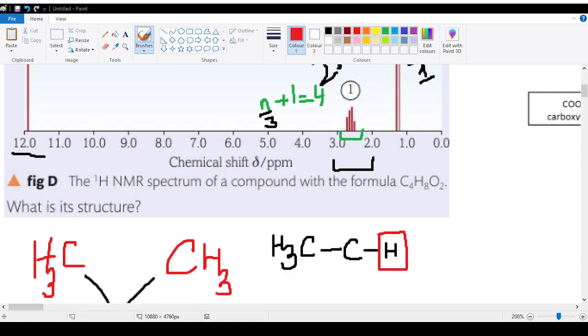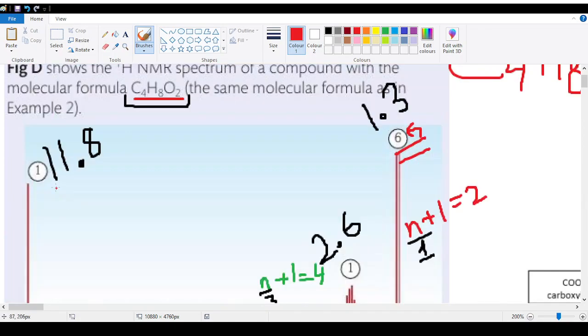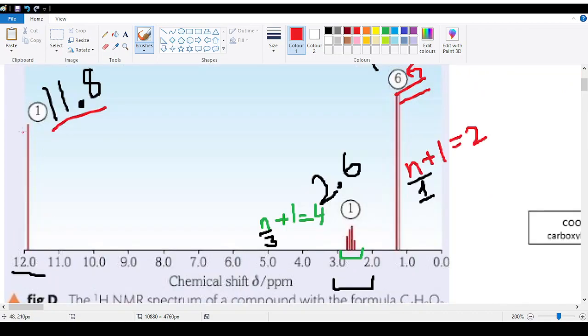Yeah. All right. And finally, we have 11.8. So what type of peak is this? Singlet, doublet, triplet, quartet? It's a singlet, right? So n plus 1 must be 1. That means n was how much? N must be 0.